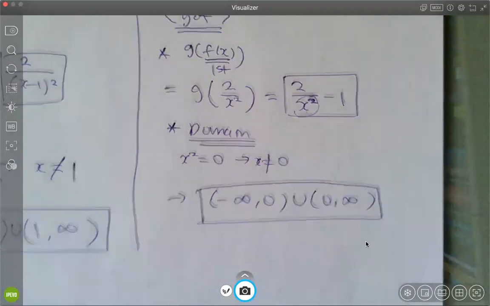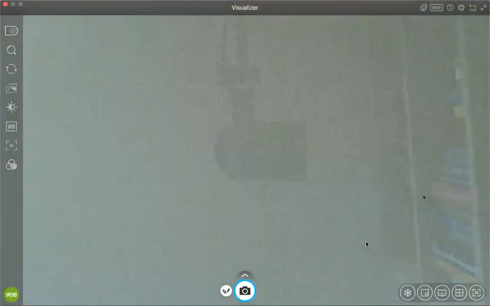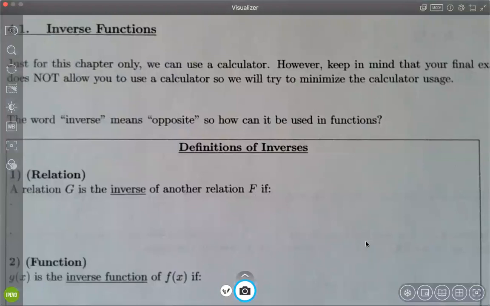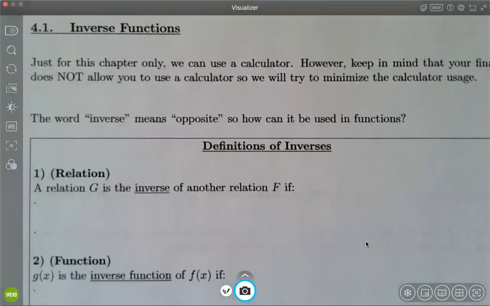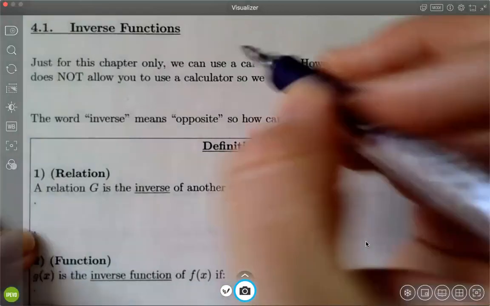Now, let me jump to chapter 4, and then I will cover section 4.1 only, and then I'll come back to chapter 2. Remember I'm kind of jumping back and forth in this course. Now, 4.1 will look at inverse functions. There's a little note underneath that title: you can use a calculator, but that's actually false.